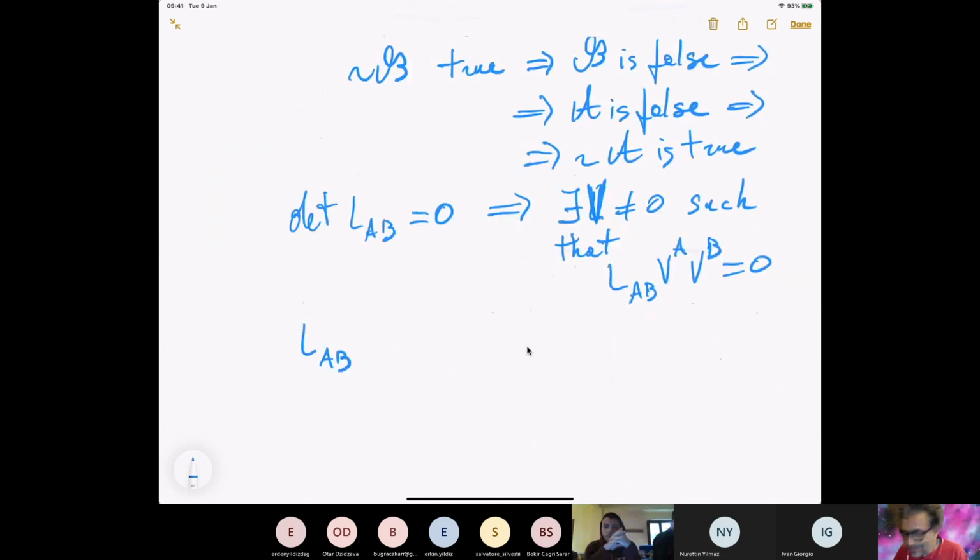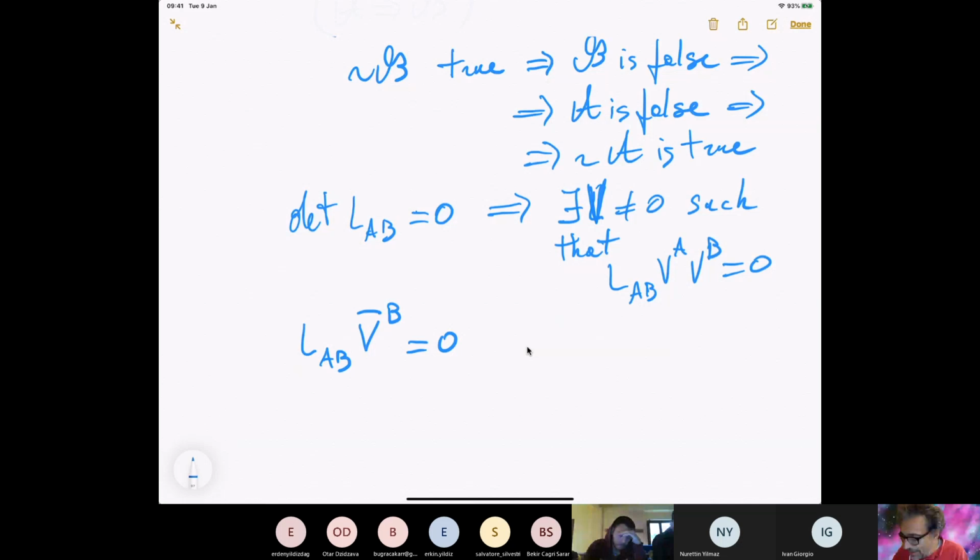Okay, as I know that this matrix of coefficients has determinant equal to 0, it has an element of the kernel different from 0, such that this is equal to 0.